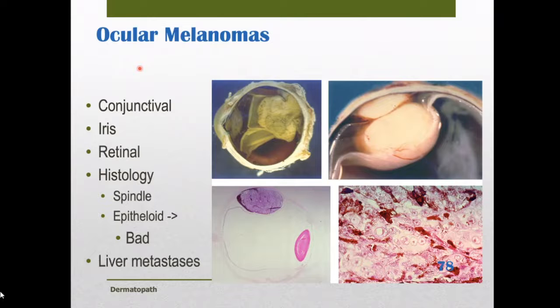And the ocular melanoma has a poorer prognosis as compared to the skin. And I was working in a group in Sweden where they are still trying to develop some drugs or modes of treatment to treat ocular melanoma.